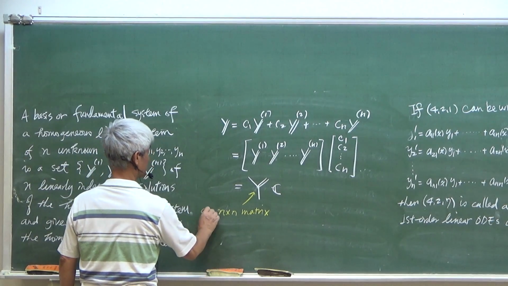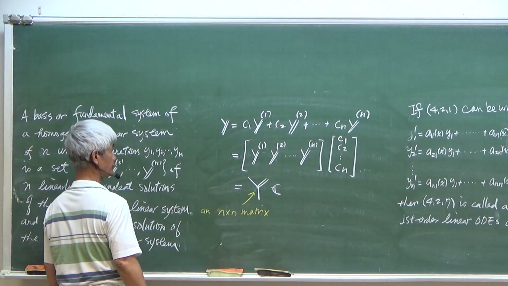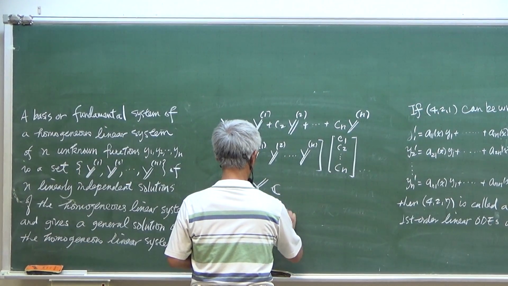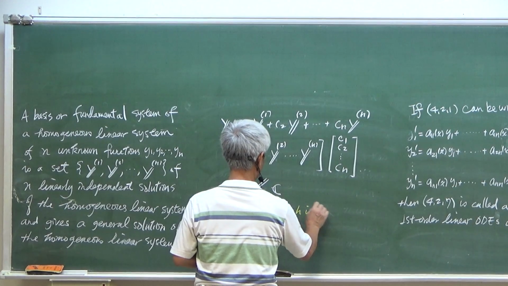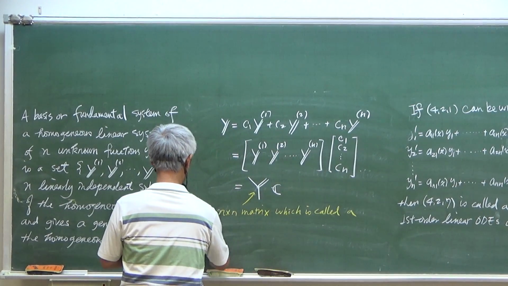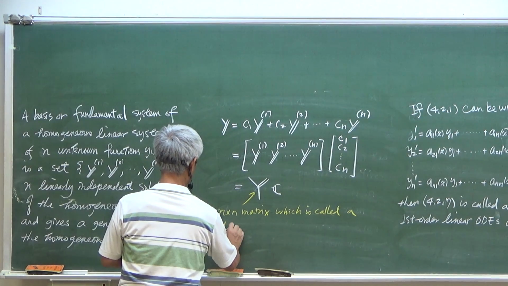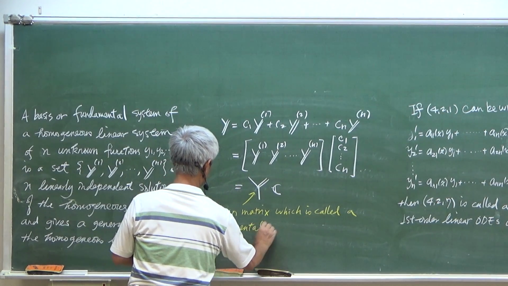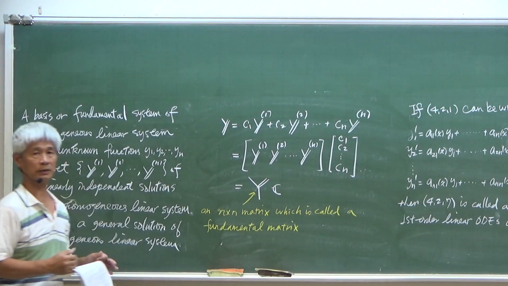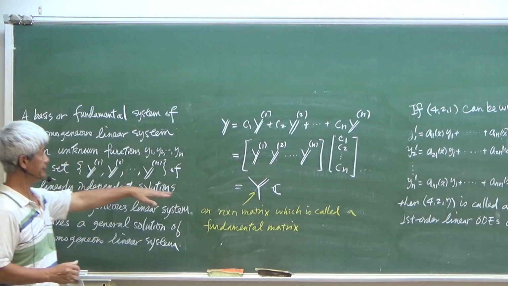So this is an n times n matrix, which is called a fundamental matrix. So now you have a fundamental matrix here.